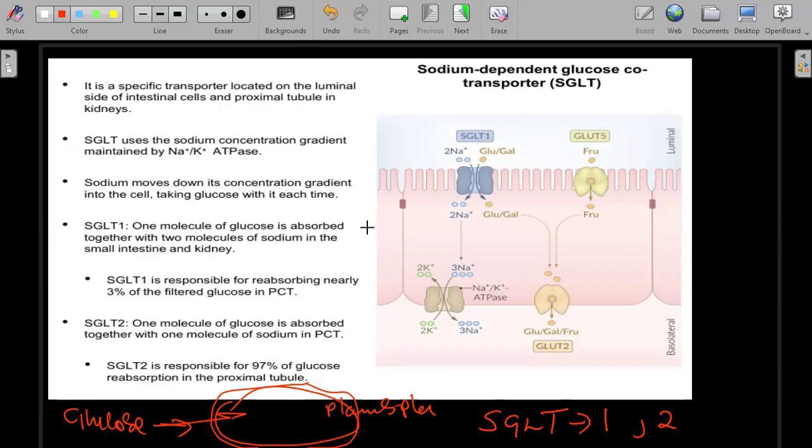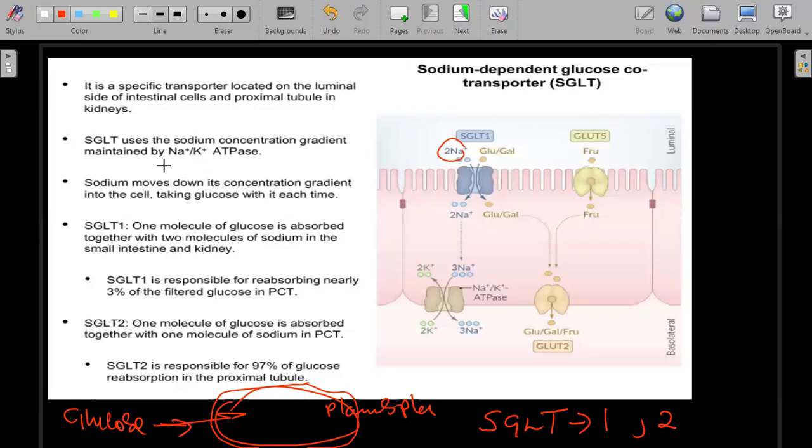So what this transporter does, it's a co-transporter. All it does is to move the sodium ion. As it is moving the sodium ion, you can see there, you find that even the glucose molecule is also moving inside the cell. Okay, so we are saying this type of transporter is actually an active transport type.